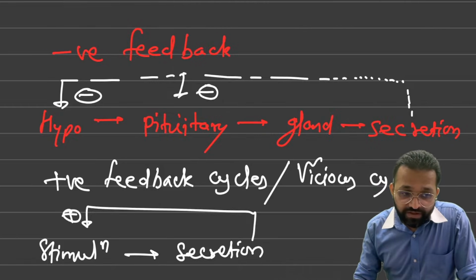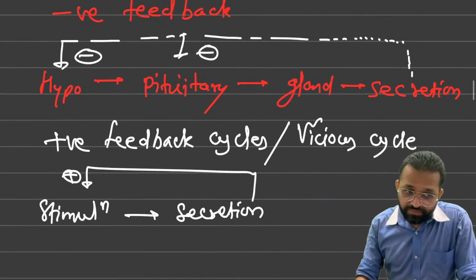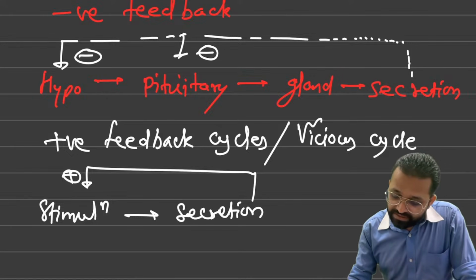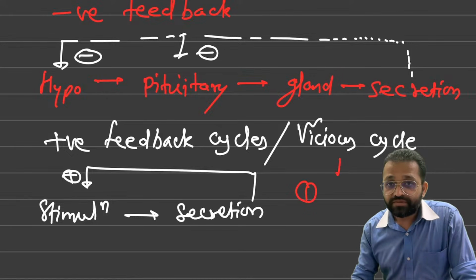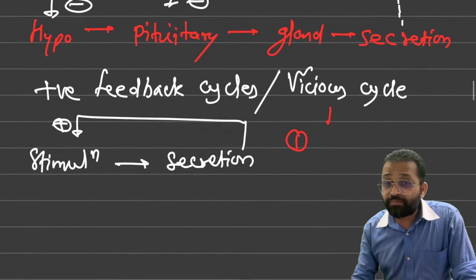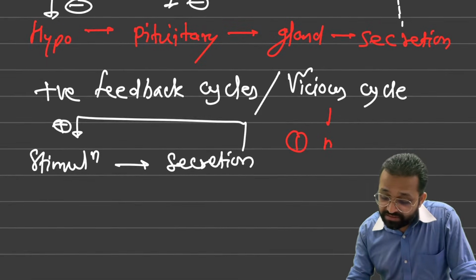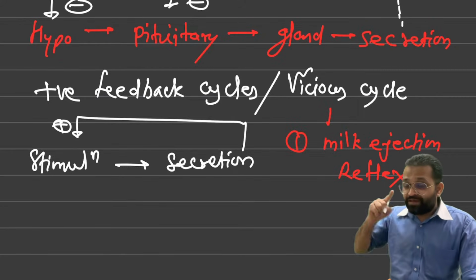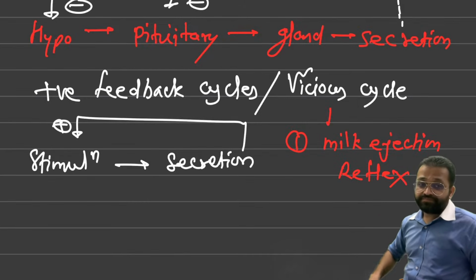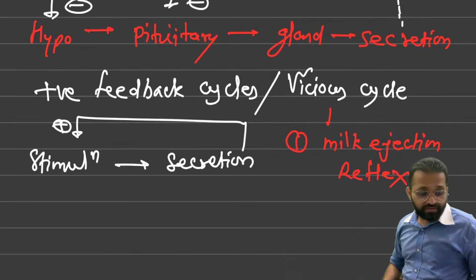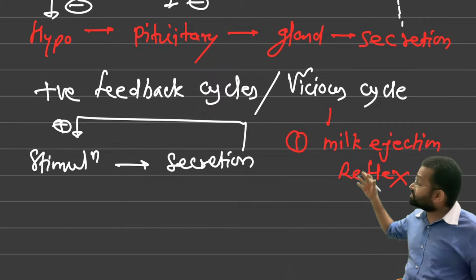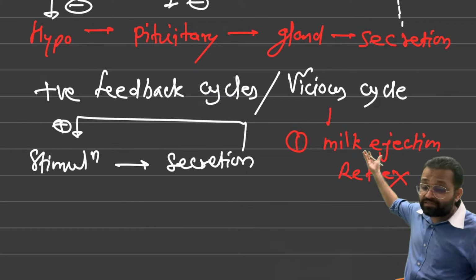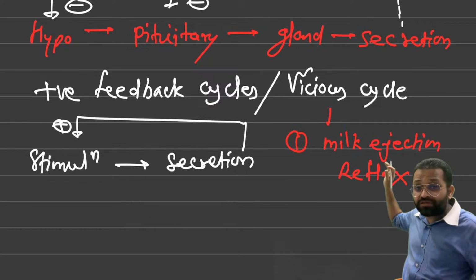First, remember the example of the vicious cycle, that is the milk ejection reflex. Baby is sucking the milk, which is stimulating more and more secretion of the milk.